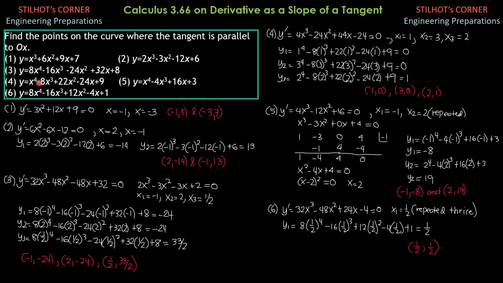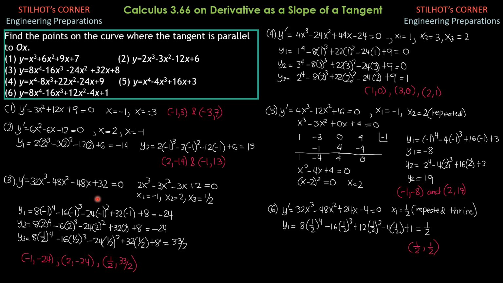Number 3, y is 8x to the fourth minus 6x cubed minus 24x squared plus 32x plus 8. So y prime is 32x cubed minus 48x squared minus 48x plus 32.